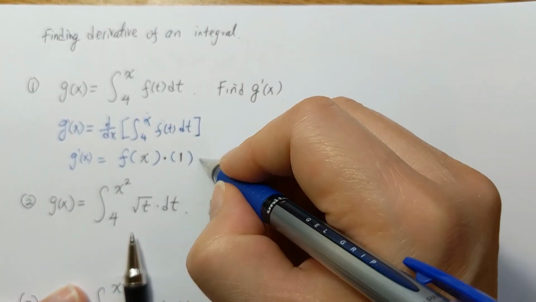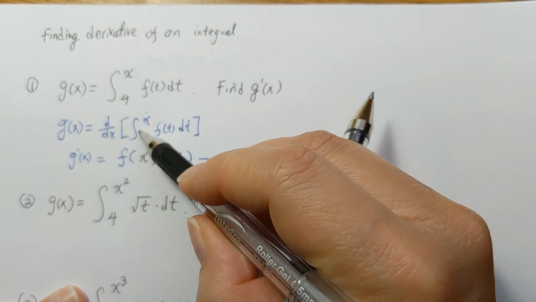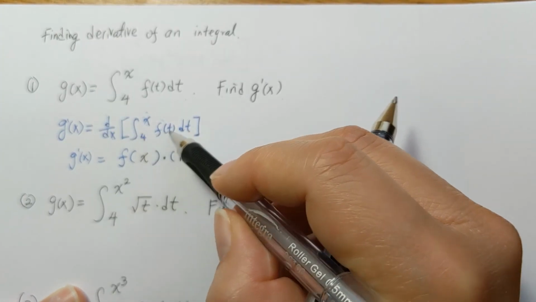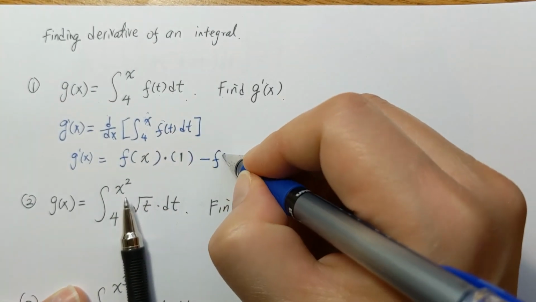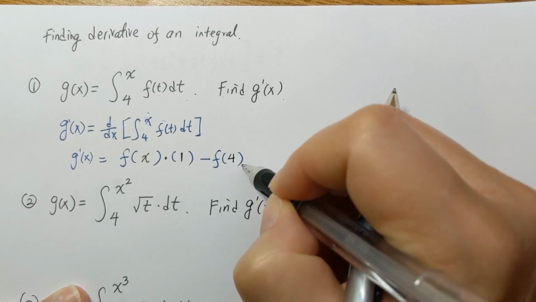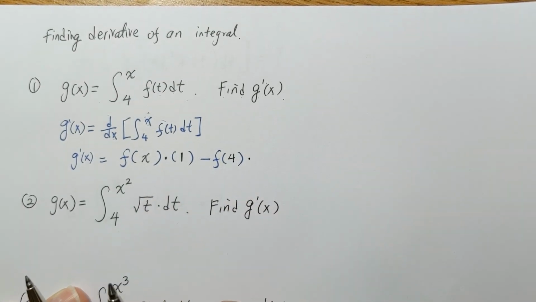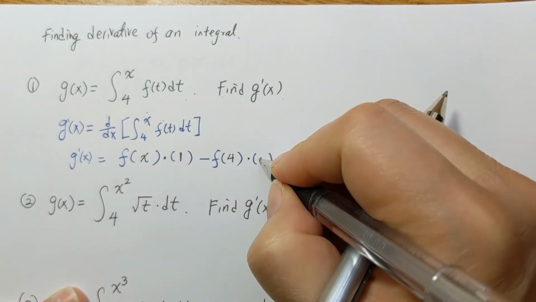And then you do subtraction, and now you go to the lower limit. You substitute 4 into the t. So you're going to get f of 4. And then you multiply the derivative of 4. What's the derivative of 4? 0.